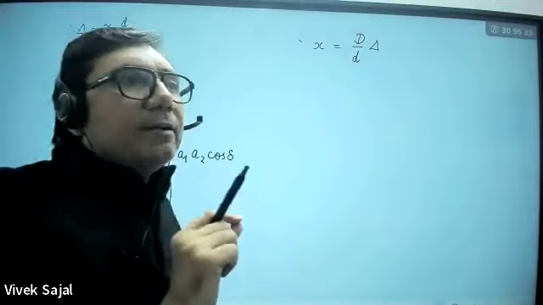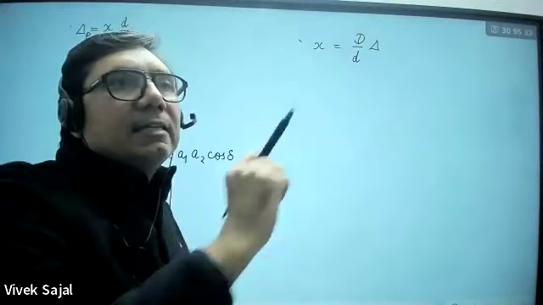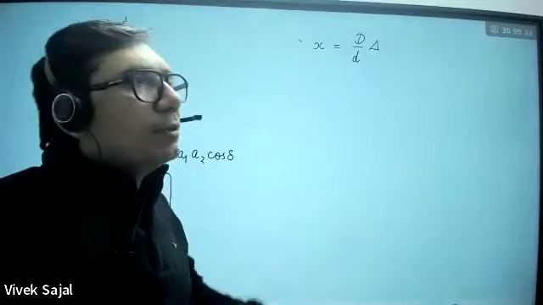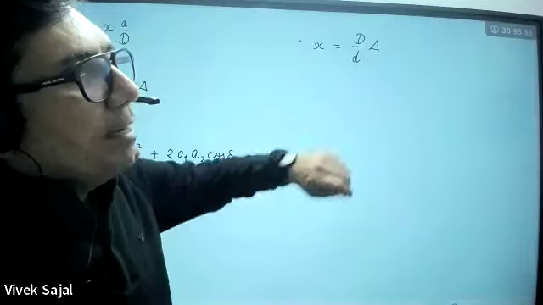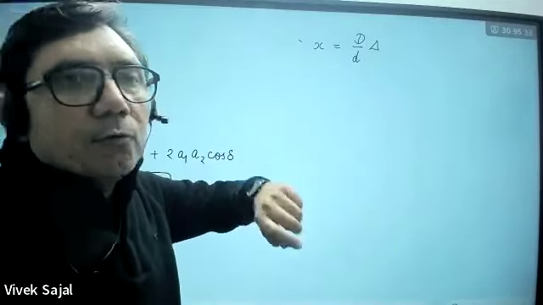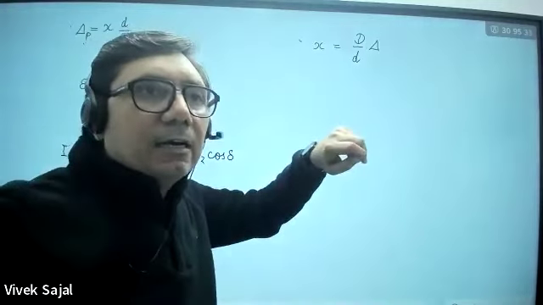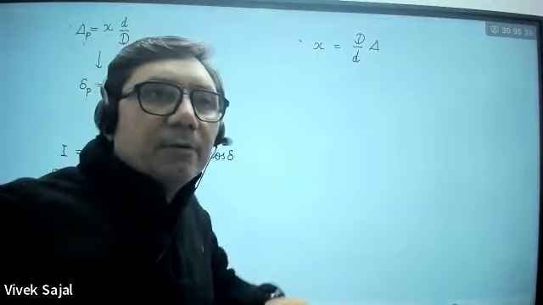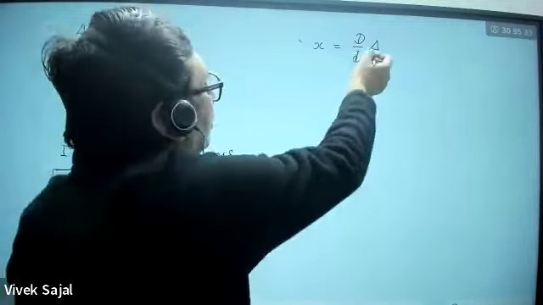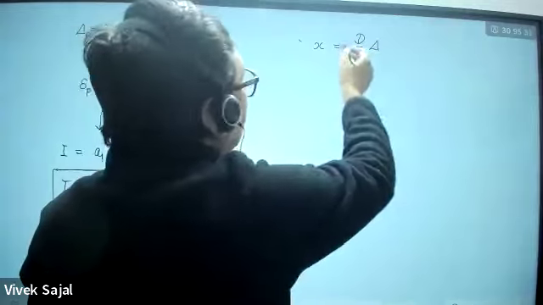At what distance from the center of the screen are you going to get a maxima or minima? If you want to find the distance of the nth maxima or the nth minima from the center of the screen, how can you find it? From this formula.